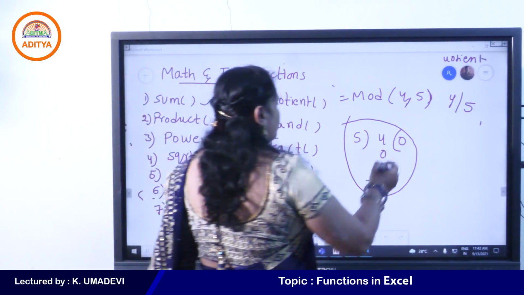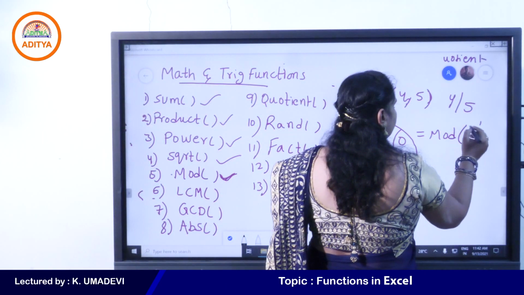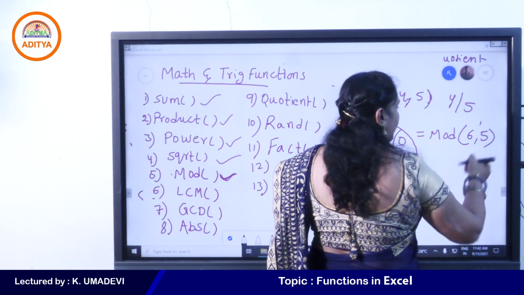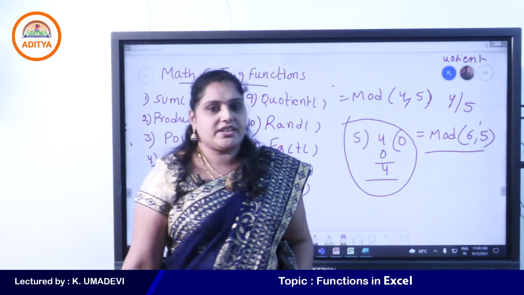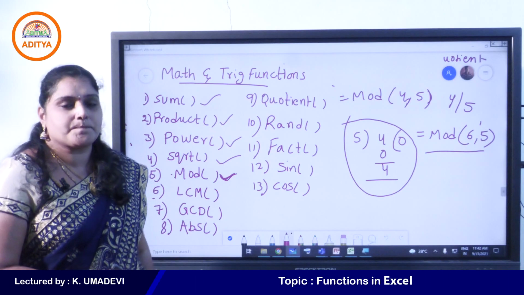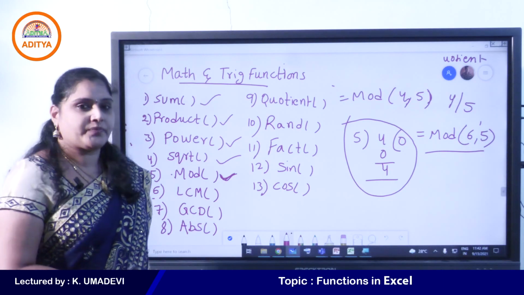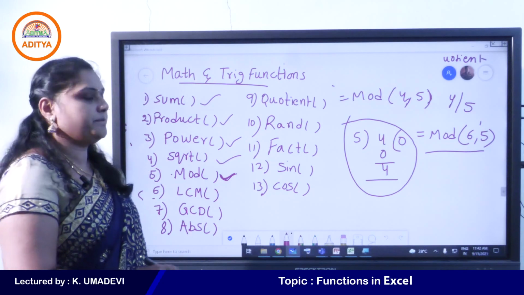Okay, what about mod of 6, 5? So what is the result of this example, students? Mod of 6, 5. See here, the numerator is 6 and the denominator is 5.